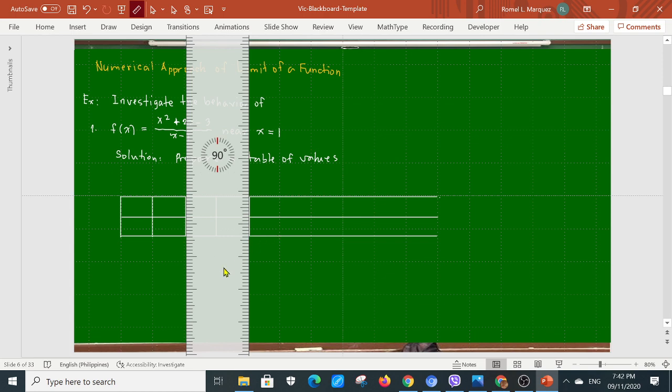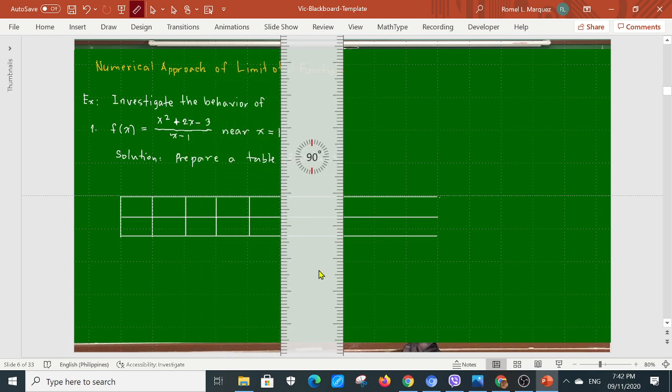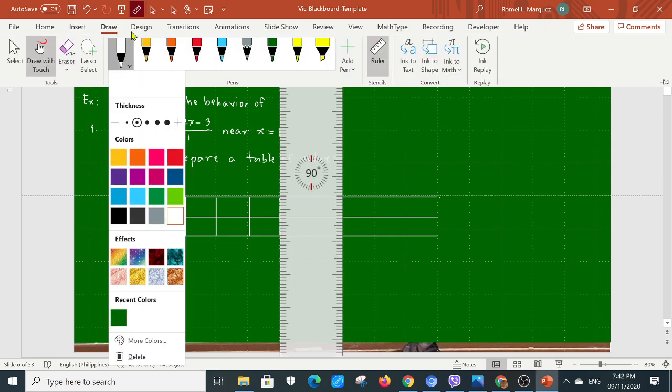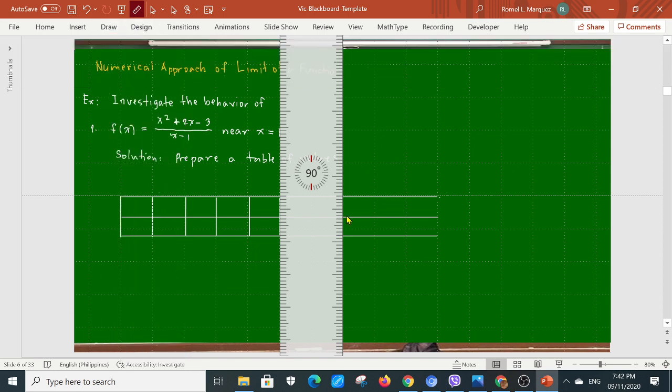Oh, it moved. Why did it move? I didn't expect it to move. Bad ruler.